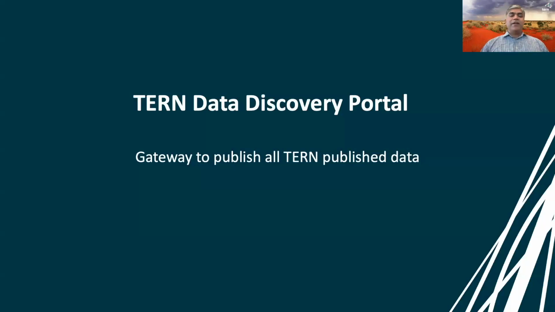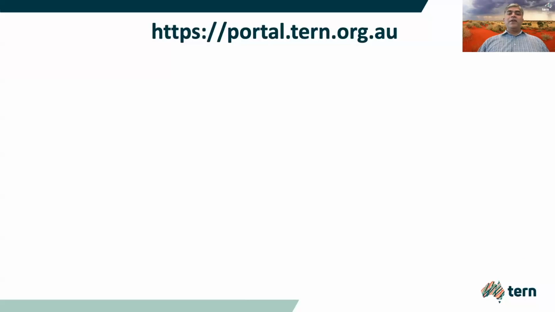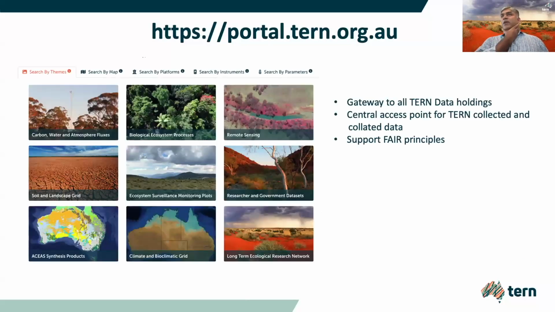Okay, so the first one is the data discovery portal, as I said. This is the gateway to all the TERN published data sets. If you want to see what the TERN data holdings are, you just go to the data discovery portal and look for it. Whatever data TERN publishes will be discoverable from the portal.